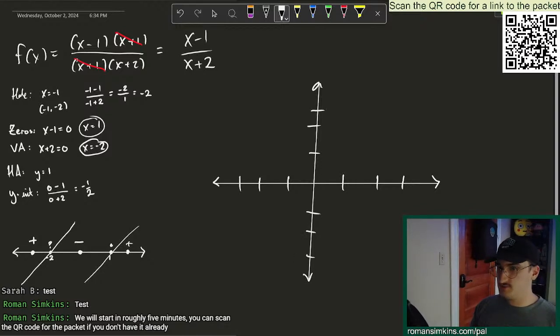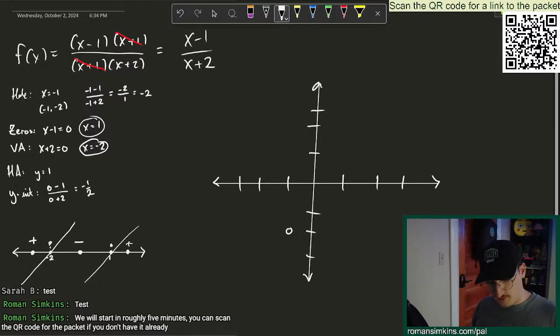Before I even start drawing, let's write down all of the information that we just spent time discovering, because we didn't do that work for nothing. So I have a hole in the graph at (-1, -2). Right here, I'm going to draw an open circle.